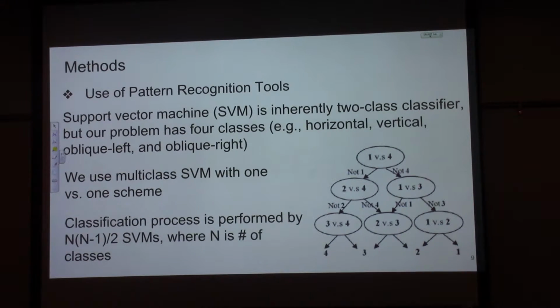So we have to use an SVM multi-class scheme. We use the method called one-versus-one, which is like a tournament. It's very straightforward. We have 6 SVMs, each for a different pair of labels. For example, the classifier on the top is for label 1 and label 4, and so on and so forth.